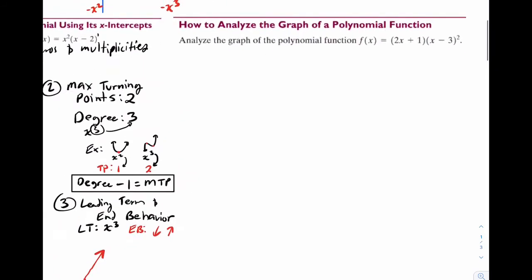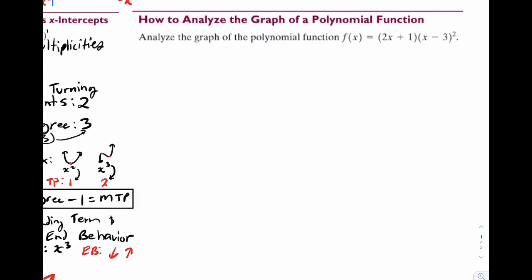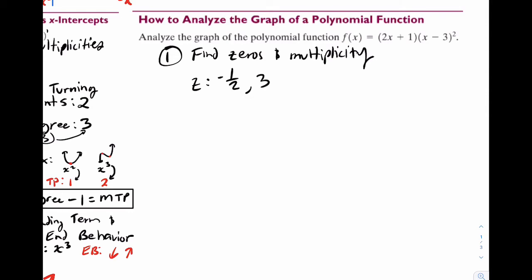So let's try it again, right here. Step number 1. And hopefully at this point, you remember step number 1. We're going to find the zeros and multiplicity. So the zeros here, negative 1/2, 3.